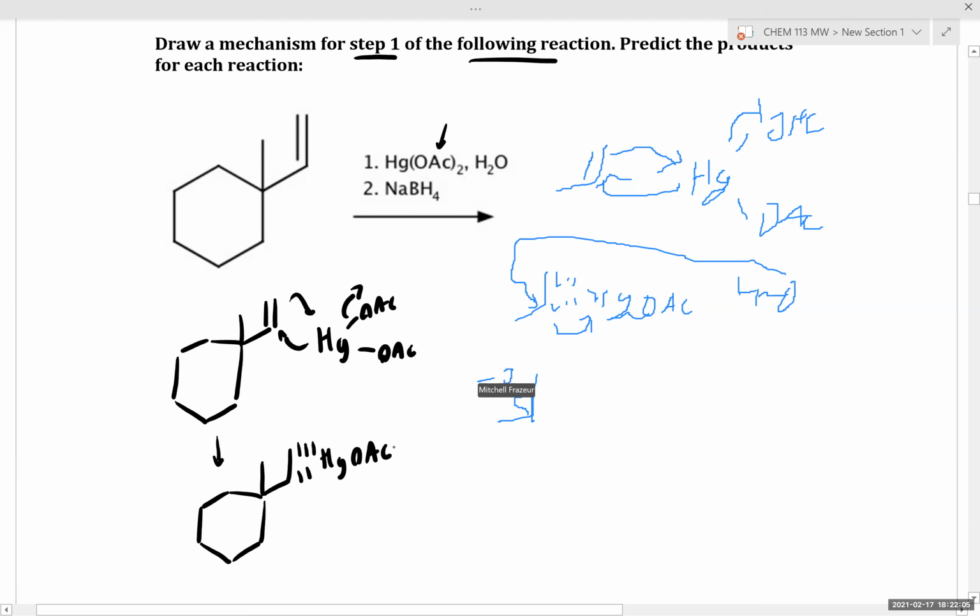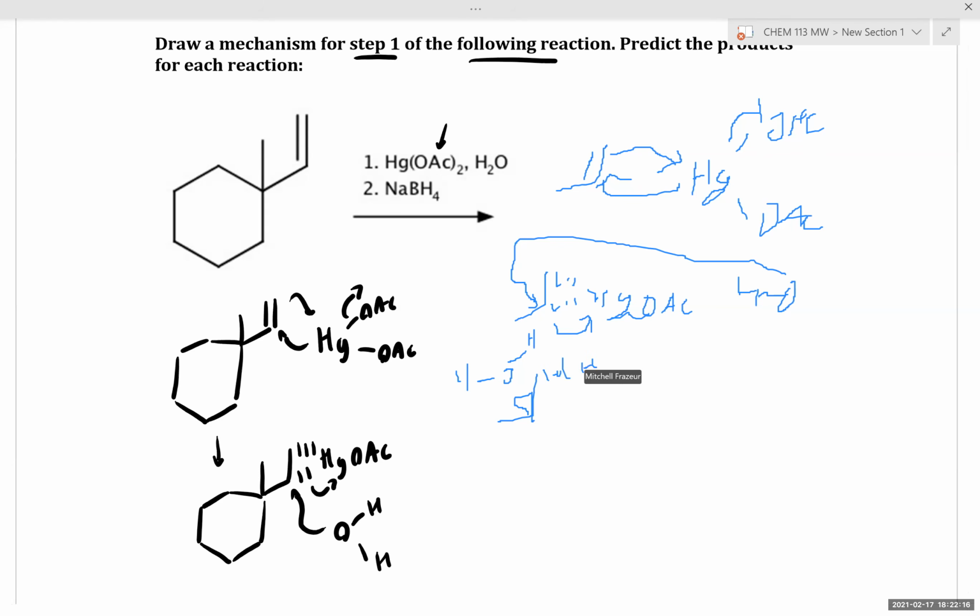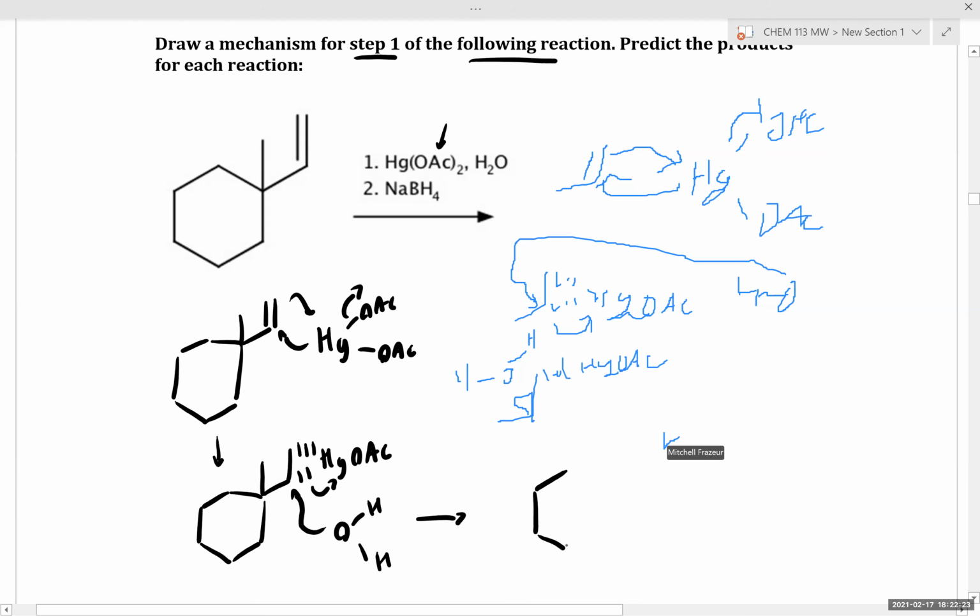And then for the next step, the student carefully drew the attack of water from the top face on the most substituted carbon. So we're dealing with Markovnikov selectivity once again. And they have drawn, just converting what they've drawn out. Oh, they're even doing the next step.